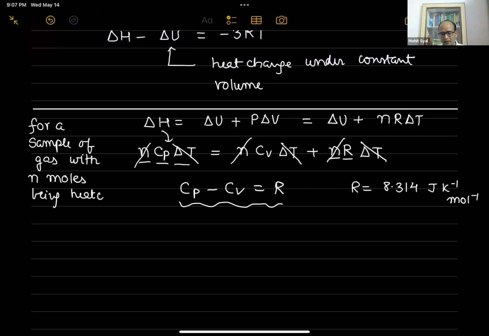If you are calculating the work, take R as 8.314 joule per Kelvin per mole, or take R as 0.082.